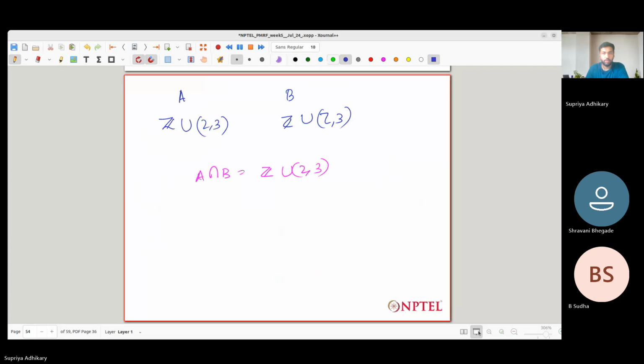Now, what is this set? It would be like this: -1, 0, 1, 2, 3, 4, and so on, and all the elements in between 2 and 3.